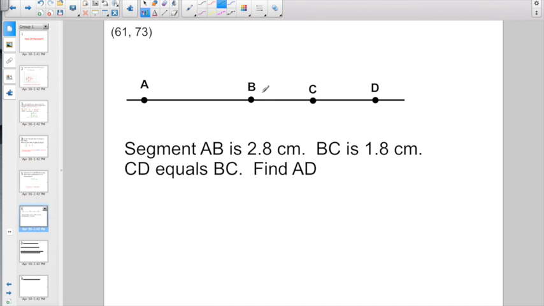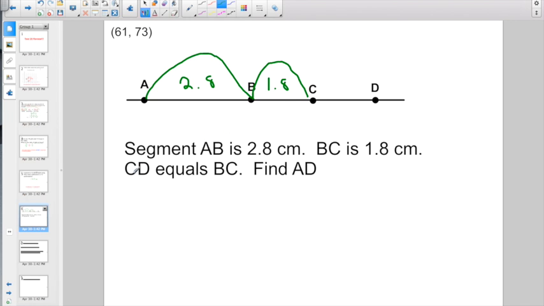One coming at us from lesson 61 and 73. I highly recommend drawing a picture out, will definitely help you. And they are telling you that segment AB, this piece of the line right here, is 2 8/10 of a centimeter. And then it says segment BC is 1 8/10. From that part of the line to that part of the line is 1 8/10.